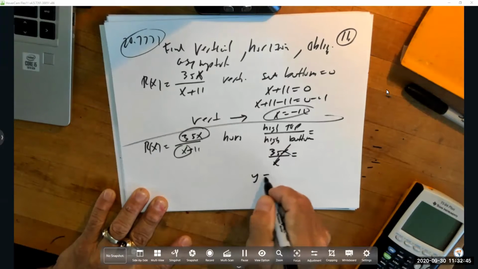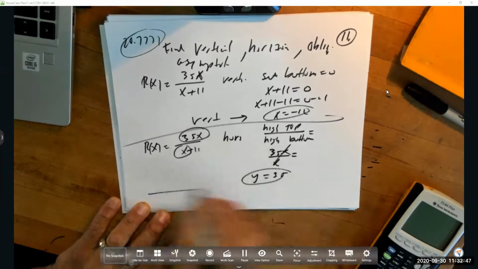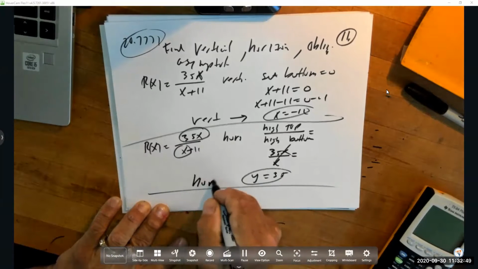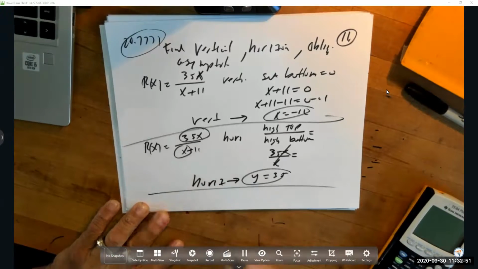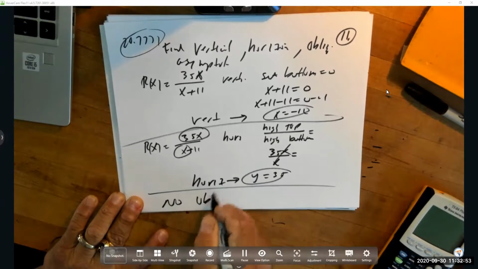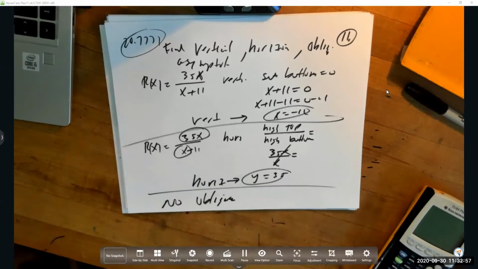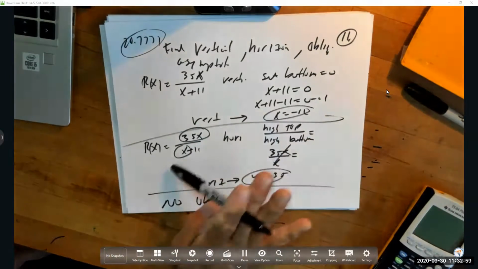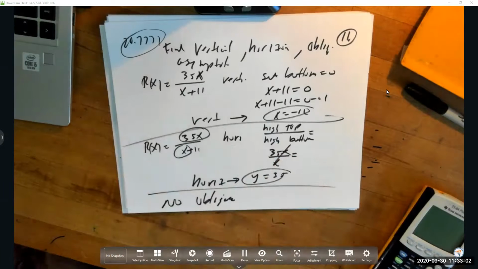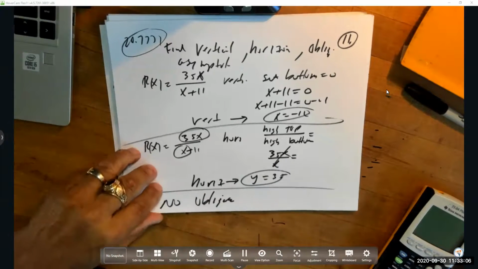Yep. So the horizontal is y equals 35. And there's no obliques. Bottom equals 0, work it out. Reduce those things, that's the answer. Is that all right? I'm going to do it again.